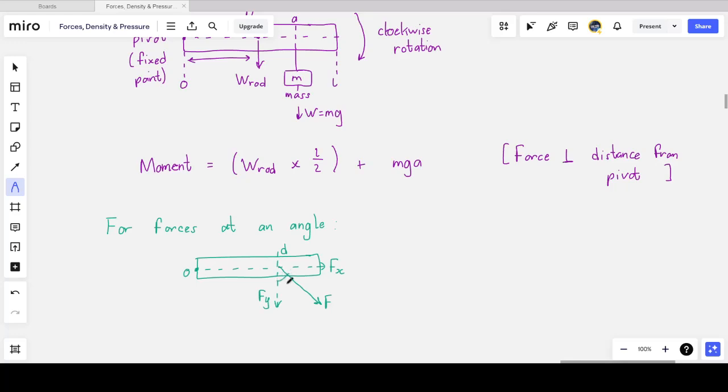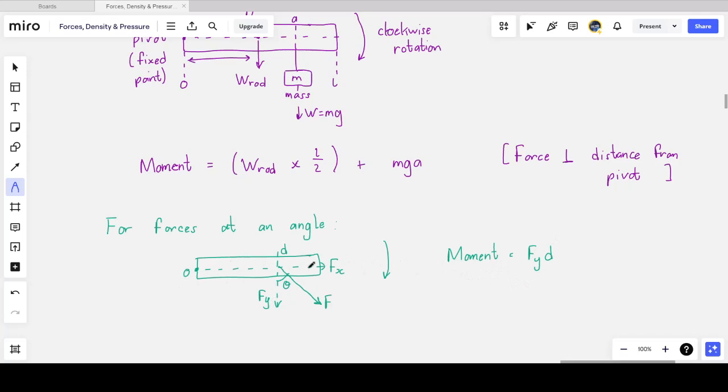And then there's an angle theta here we can call between Fy and F. Now, the component that is perpendicular to the rod is the one that actually causes the rod to turn. So there'll still be a clockwise rotation, but the moment here, due to this force, whatever's causing this force, it could be a tension in a string, etc., is only the y component of the force multiplied by the distance d, the perpendicular distance d.